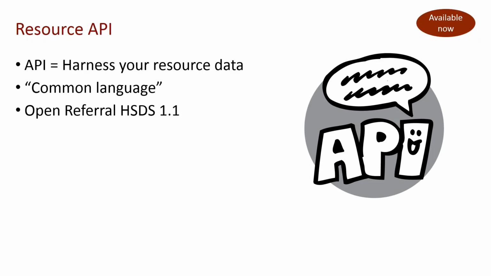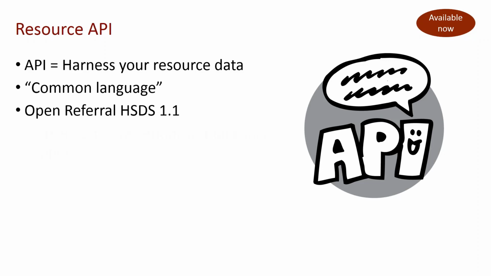One way that we have built support into iCarol in a couple different places is for the open referral HSDS language of sharing data. And we've actually built support into the resource API for the open referral HSDS version 1.1. You might recall as well that open referral HSDS 1.0 is a format that you can export your resource database in from the admin tools area of iCarol.